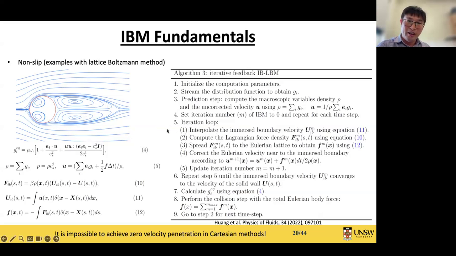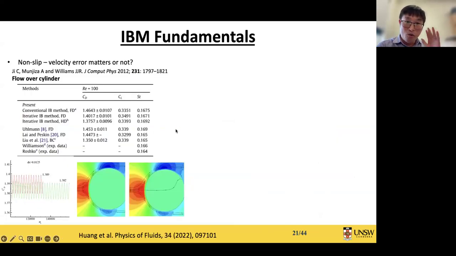Now the question is whether this slip velocity error is important or not. For external flow, we use a cylinder here, and when we look at those data, it shows that this slip velocity error doesn't matter.